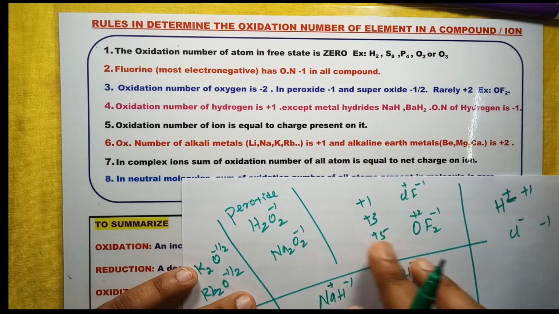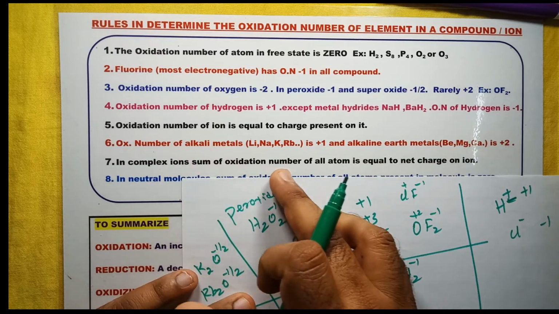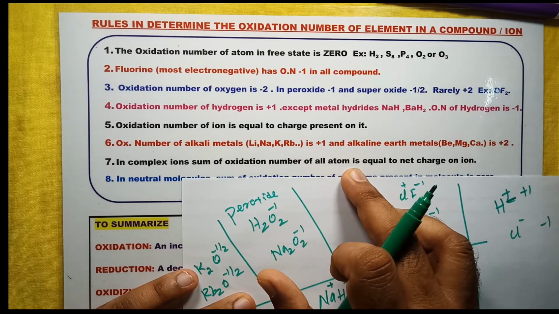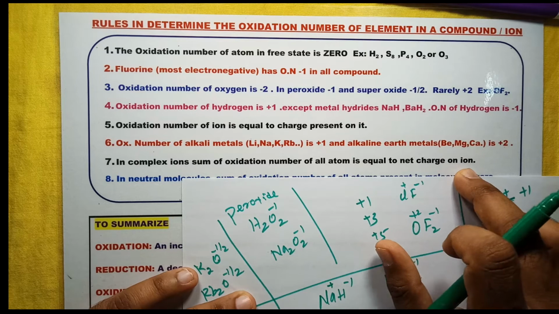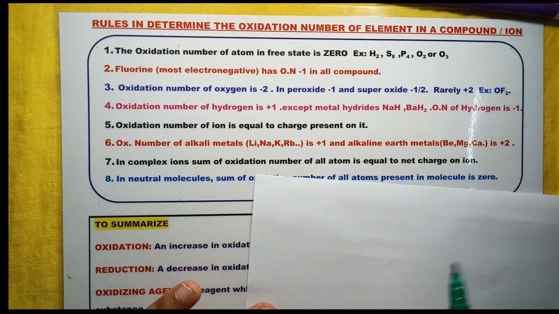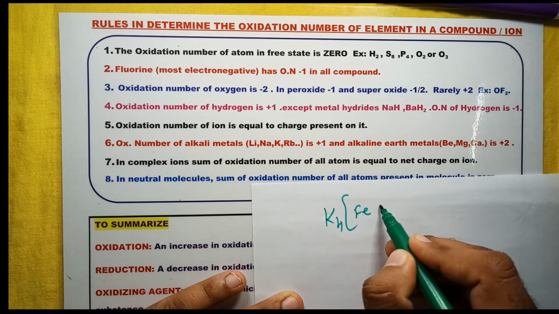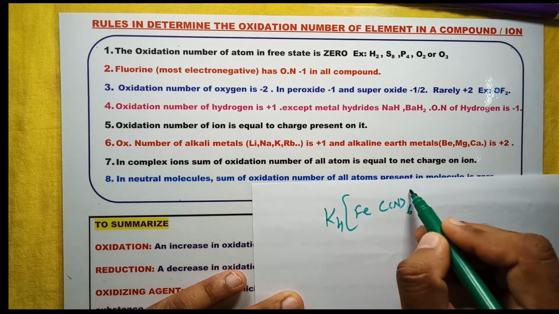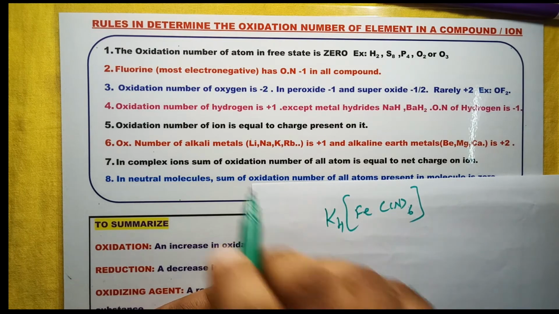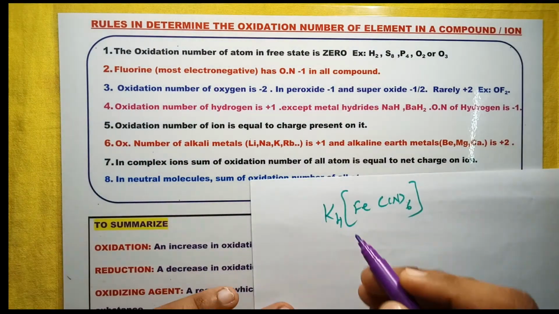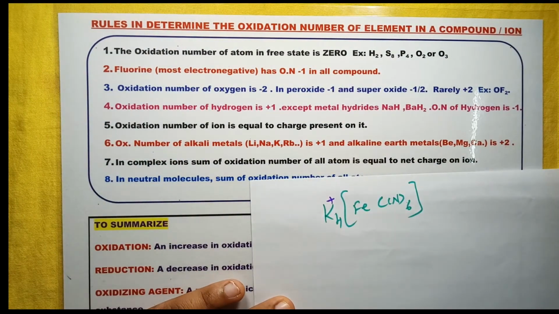Next one, in a complex ion, the sum of the oxidation numbers of atoms is equal to the net charge on the ion. I will give you an example. Look here, friends. K4[Fe(CN)6]. This is a coordination compound. Potassium belongs to the alkali metals, so it exists as +1 oxidation state.